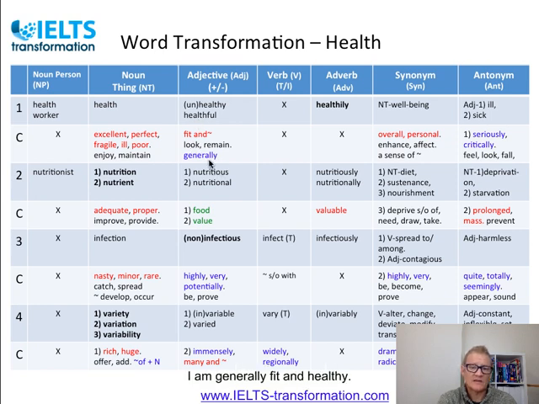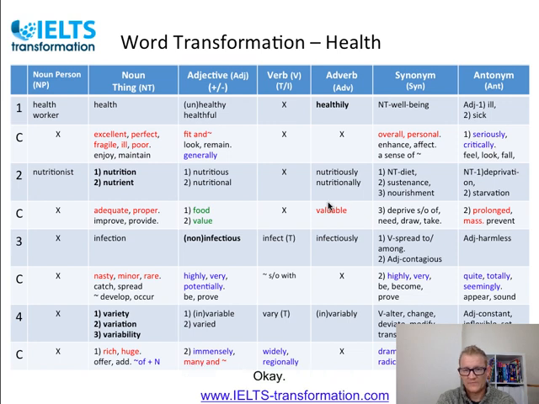I am generally fit and healthy. Let's have a look. You should enhance your personal well-being. She was seriously ill. So these connect. If you make these collocations, good. The examiner's going to be very happy. Not happiness, but they're going to like what you're writing and saying.